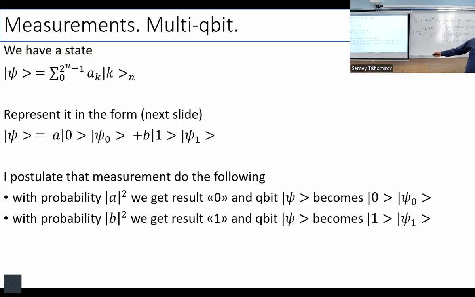With probability a squared, I get 0, and the state of the system becomes 0 tensor product psi 0, the first term. With probability b squared, I get 1, and the state becomes 1 tensor product psi 1.